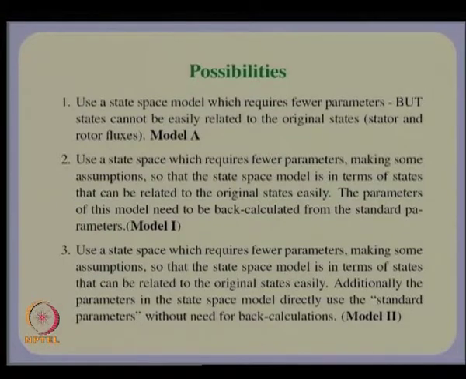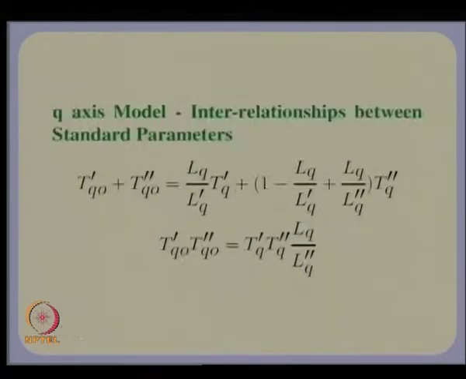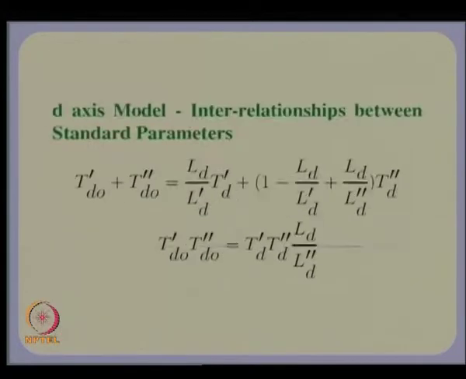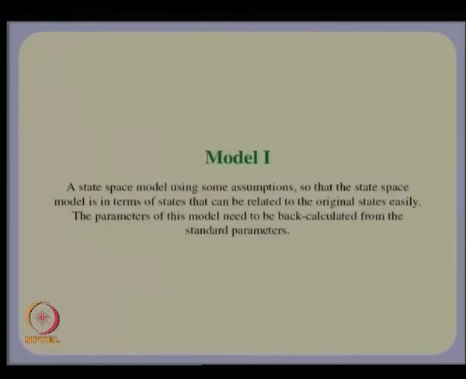So, you can use this d and q axis model, but you will not be able to answer any question about what the flux in the field winding and the H winding individually are. Model 1 is a model with approximation. Now let us try to understand what we are going to do.